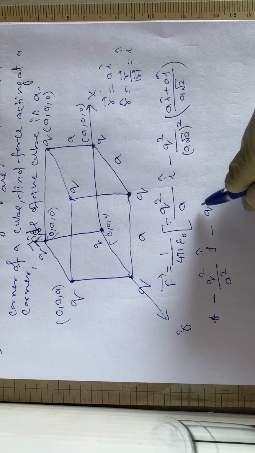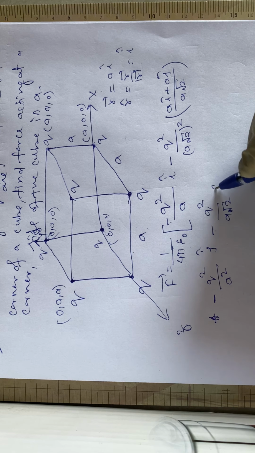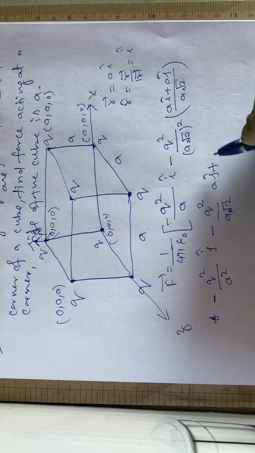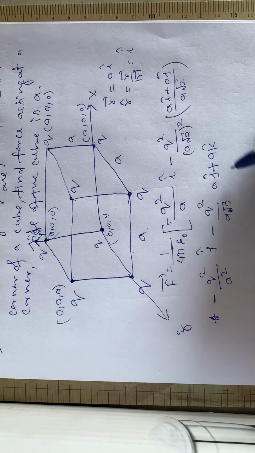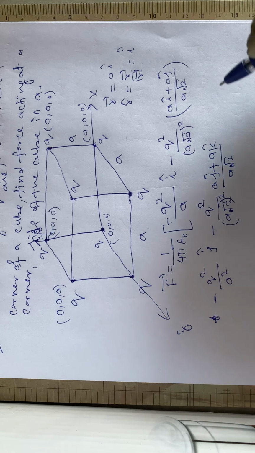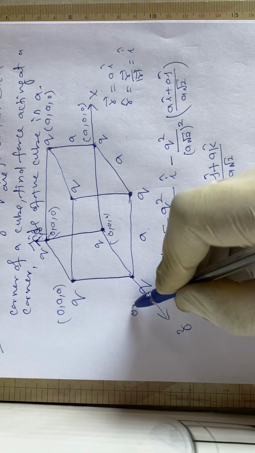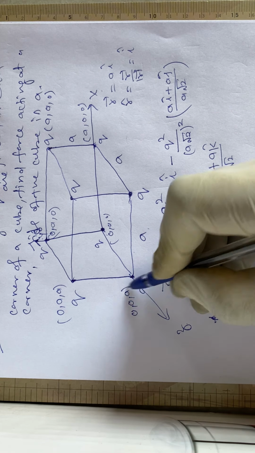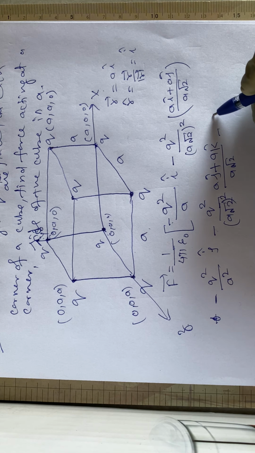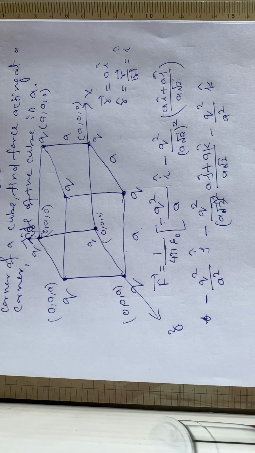Repulsive force, minus q square upon A root 2, times A j cap plus A k cap upon A root 2. Of course, this is distance square. Now take this point, (0, 0, A): repulsive force, minus q square upon A square, which comes out to be only minus k cap.